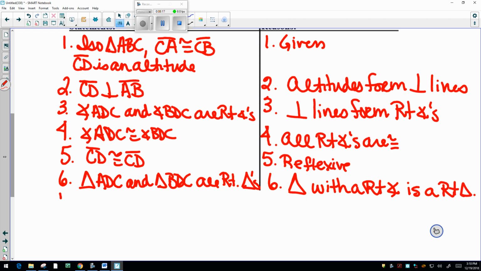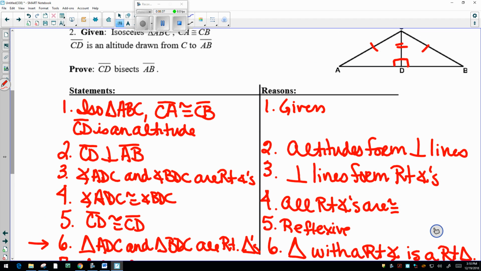So that gives us now enough information. This was the extra step that we needed. Extra step has to be in there. Now that we have that in there, I can go and say ADC is congruent to BDC, and that's because of hypotenuse leg.